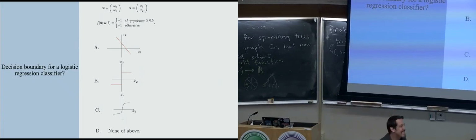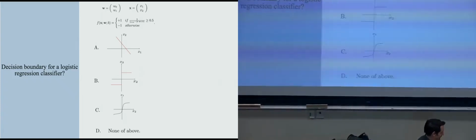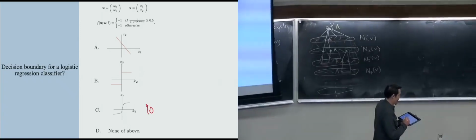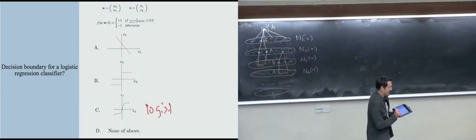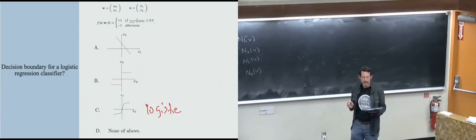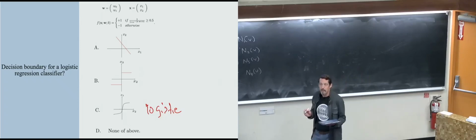Is it C? Because this is the logistic function right here. Because the exponent, the e, is in the denominator. Okay. Anybody want to argue?